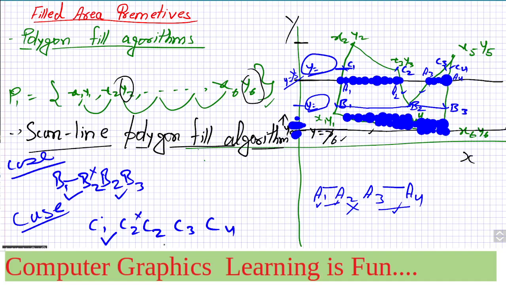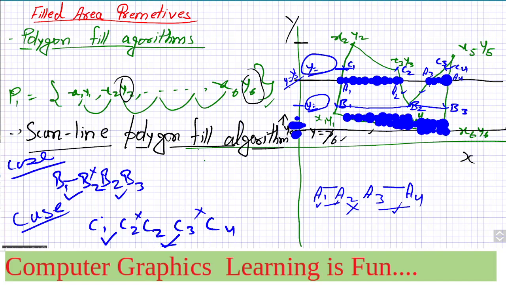Then it will print from C2 to C3, and it will leave between C3 and C4, right, which is wrong. Actually what we want, it should print from C1 to C2, and it should not count it twice. It should not print between C2 to C3, and then again it should print between C3 and C4.